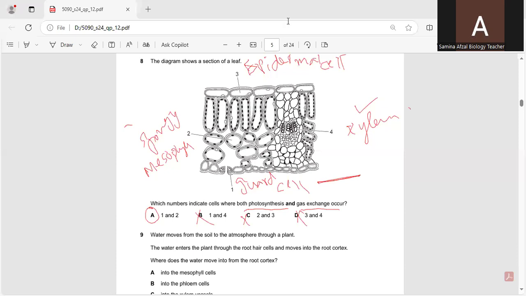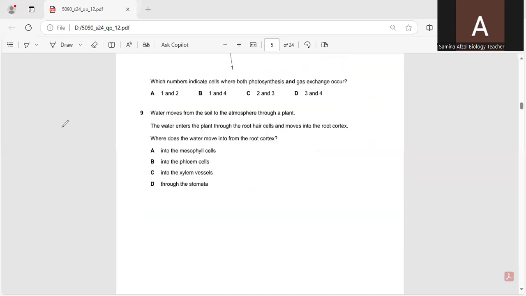Question number 9. Water moves from the soil to the atmosphere through a plant. The water enters the plant through the root hair cells and moves into the root cortex. So this is the pathway of the water movement from the soil towards the xylem.